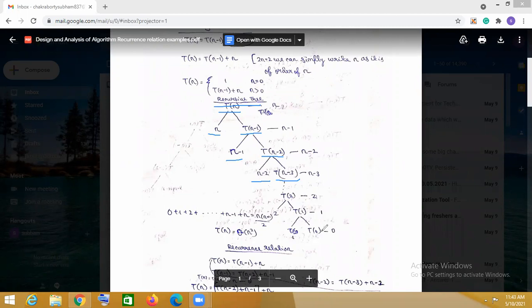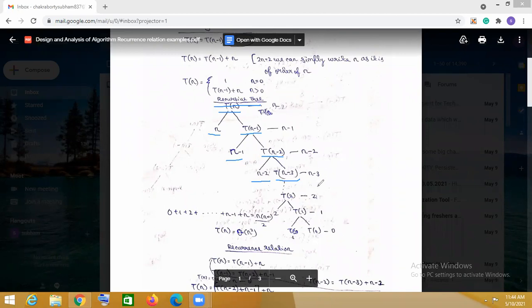Then n minus 2 will be printed and it will call Tn minus 3. We continue these steps, and somehow the n value goes to 2, and 2 will be printed and it will call T1. Then 1 will be printed and it will call T0. When it is T0, the execution of the function will be completed.